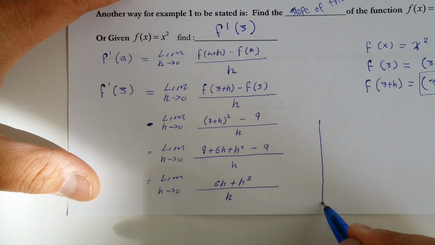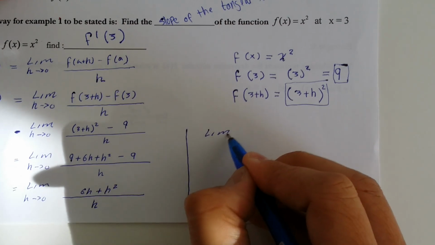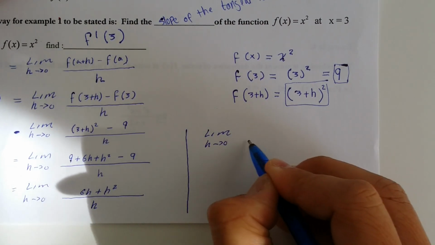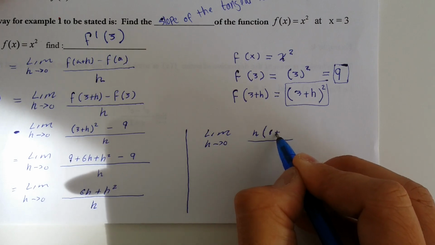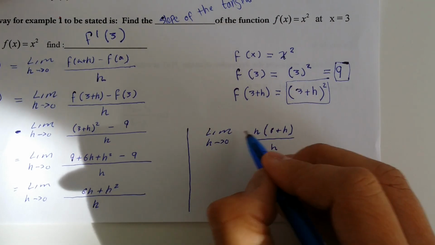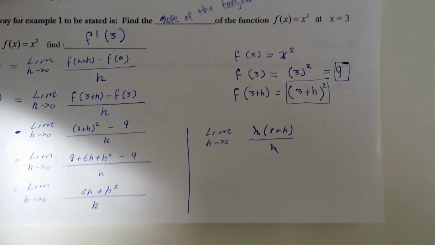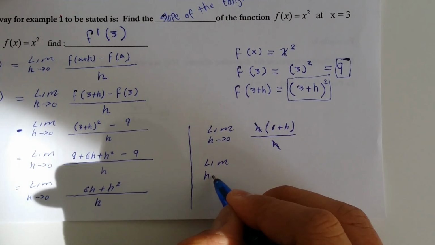And I'm going to finish the problem on this side, guys. Go ahead and take out an h like this over h, and then guess what? These two will cancel out, right? It is a lot of work, unfortunately, but the good news is you won't have a lot of these problems.